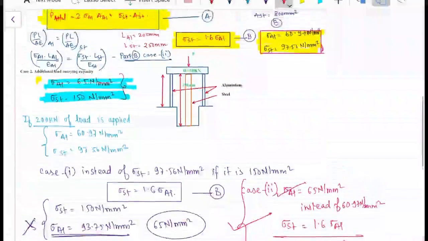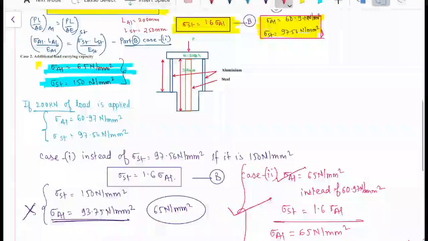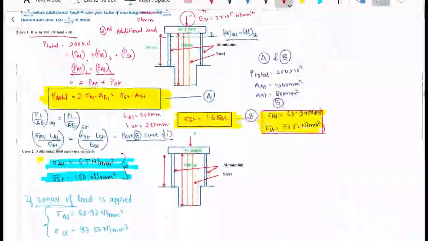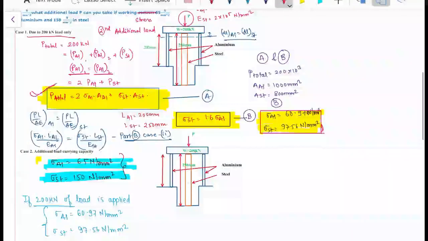Now we are supposed to calculate the maximum load these 3 bar combinations can sustain. Okay, to calculate it, again we will go to our A equation. What is our A equation?